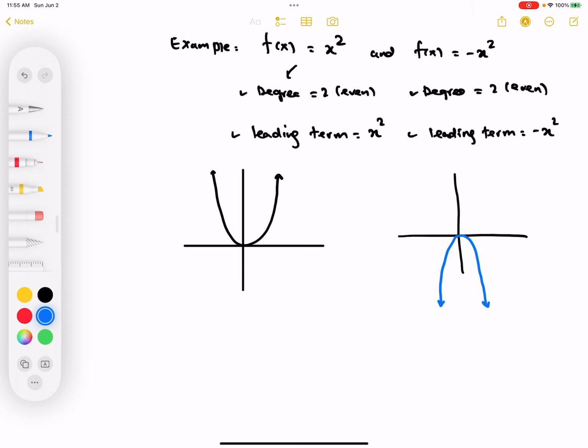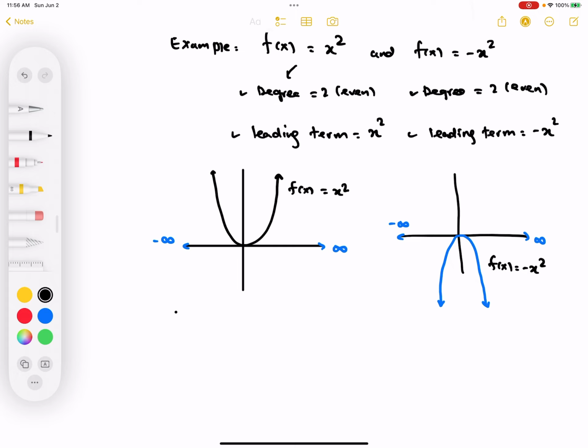Now let us analyze here. Now x goes to infinity, x to negative infinity. You can see the end behavior: what will be the behavior of the first one when x goes to infinity? This is f of x, it is x squared. This is f of x, negative x squared.